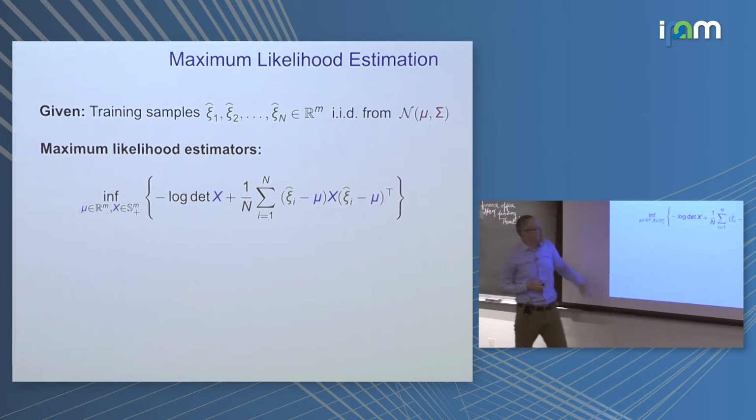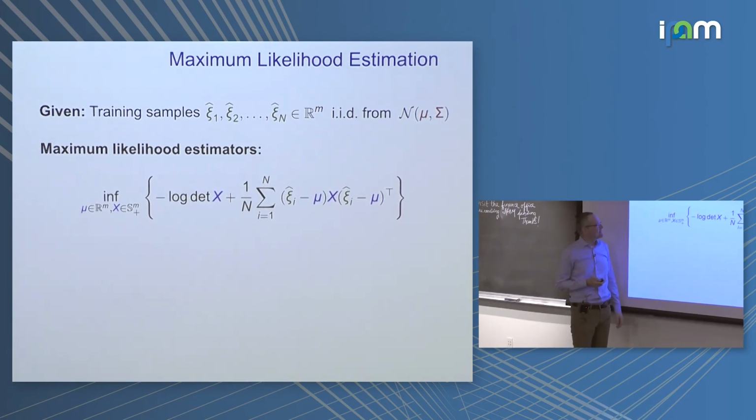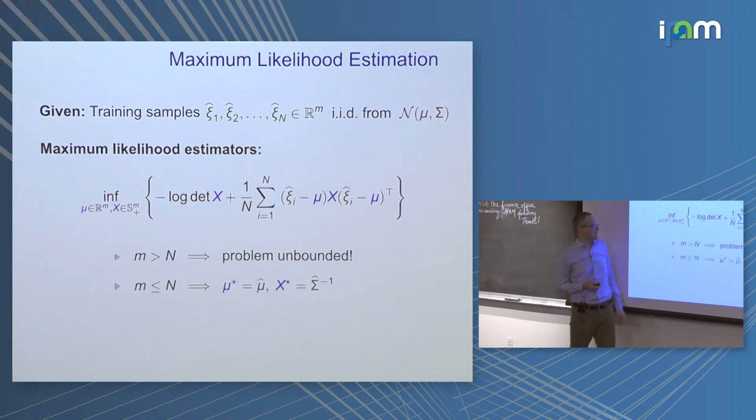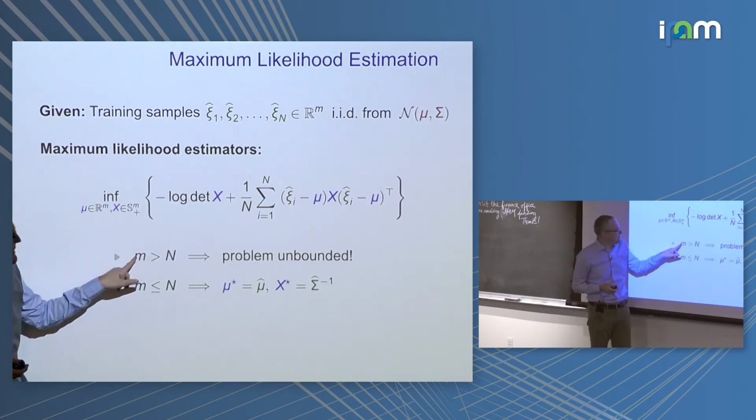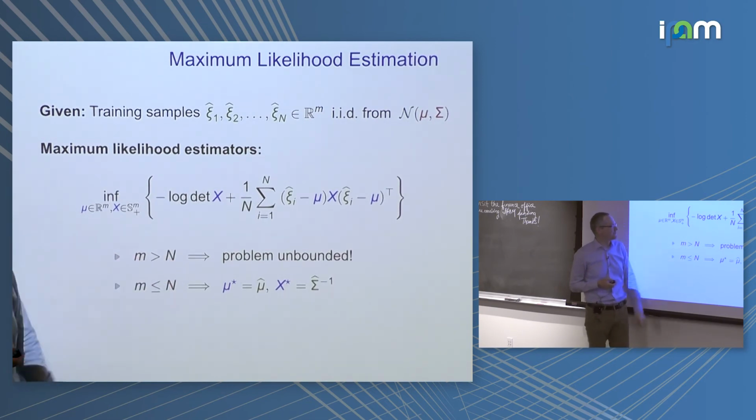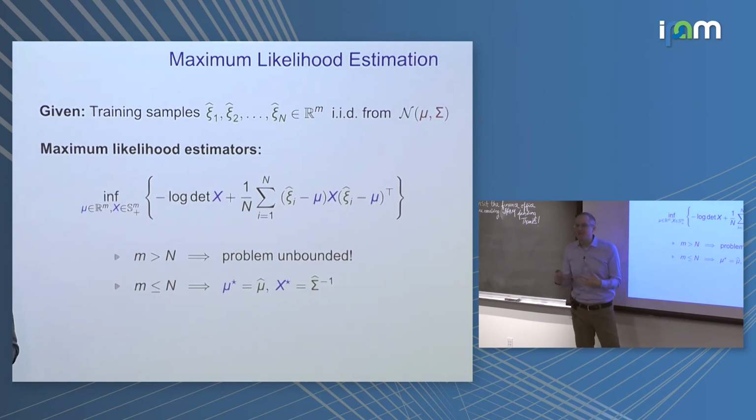So this problem, in fact, can be solved analytically, and that's very nice. However, the problem is unbounded if the dimension of the data exceeds the number of samples. So in this case, again, we have no estimator that we can use.